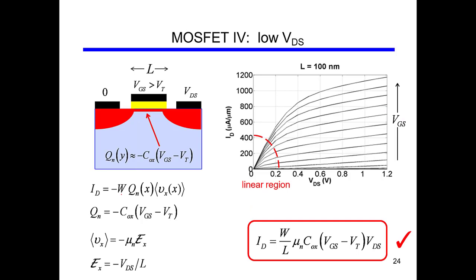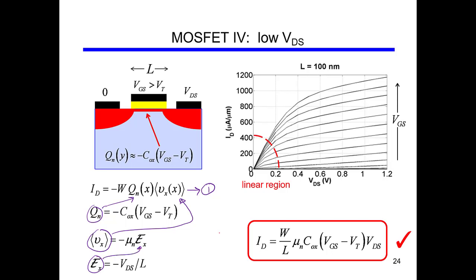So we insert those quantities into the equation. This was, for example, equation 1, and we insert the channel charge, the velocity, and this electric field here.